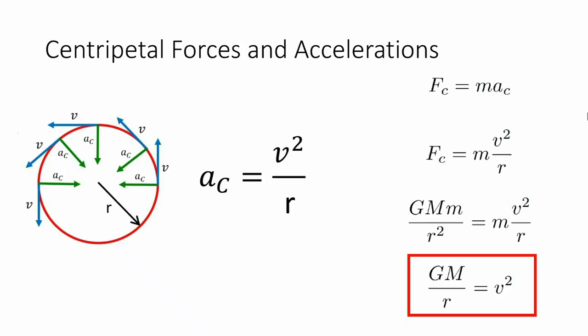The centripetal acceleration always points towards the center of the circle, no matter what point you're looking at. And the velocity is always tangential to the circle, meaning it points basically perpendicular to the centripetal acceleration.